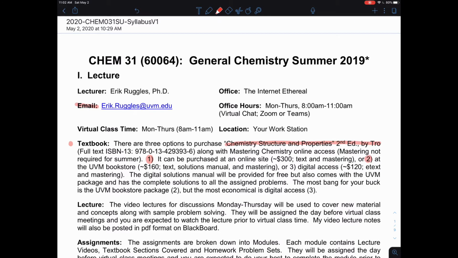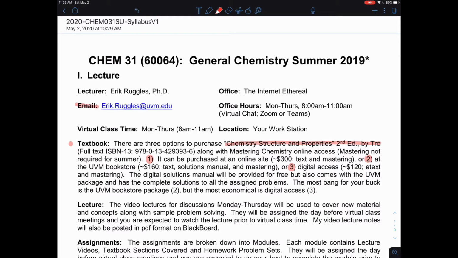At the UVM bookstore, we have basically a custom package where you have all the necessary chapter and work and material for not only General Chemistry 31, but also General Chemistry 32. So the difference between 1 and 2 is that 2 is edited to a certain degree, getting rid of chapters that we're actually not going to be discussing during our class time. And then the third would be just digital access.